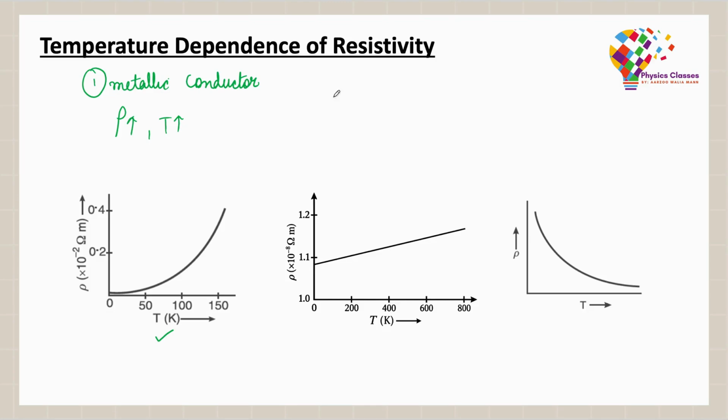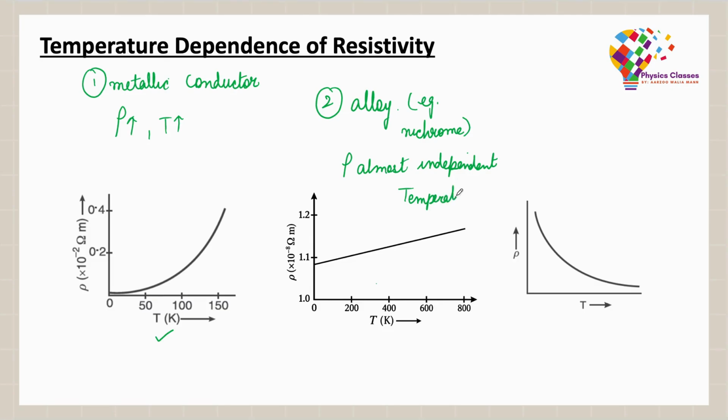The second graph over here is for an alloy. Now the alloy can be like that of nichrome. Sometimes in the exam there's a possibility we tell you to draw the graph for the temperature dependence of resistivity for nichrome. So you have to know that nichrome is an alloy, and for alloys the resistivity is almost constant. It is almost independent of temperature. From the graph you can see that it is changing, but the change is pretty small.